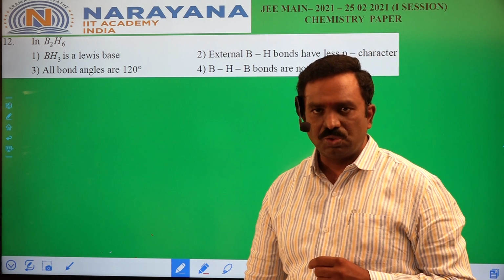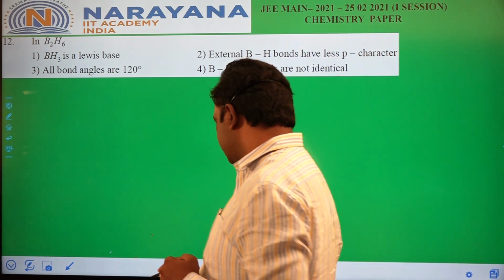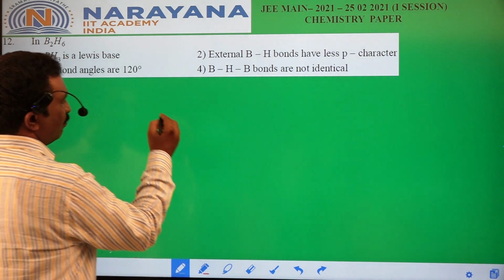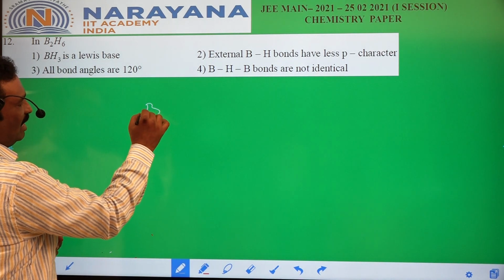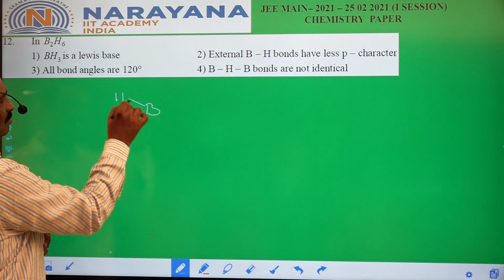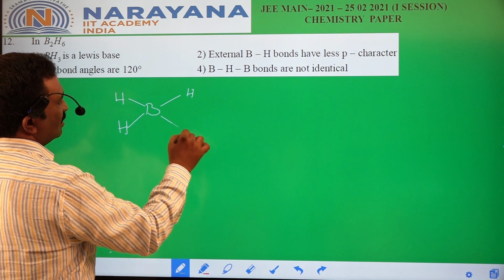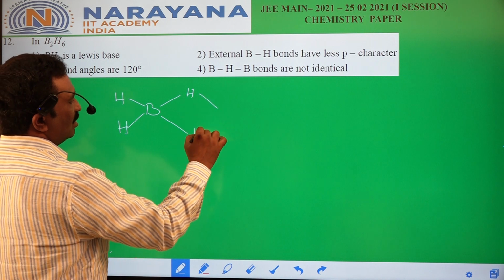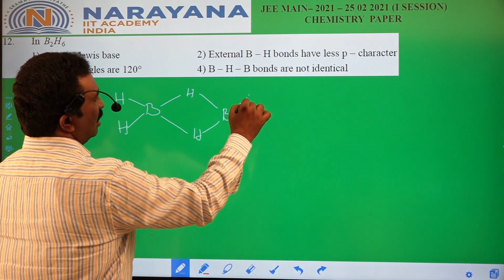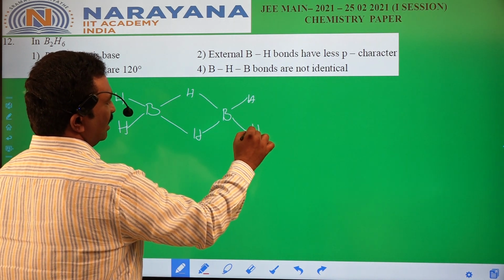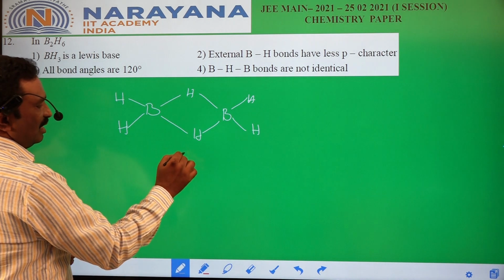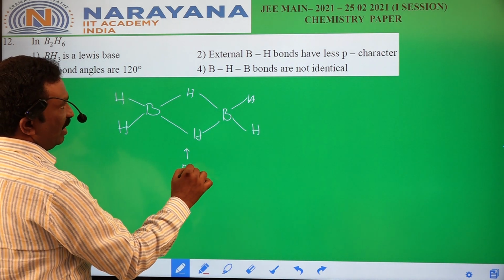This is true because when we see the structure of B2H6, here the central bond between boron and hydrogen and boron, that is a bridged bond, acquires more p character.